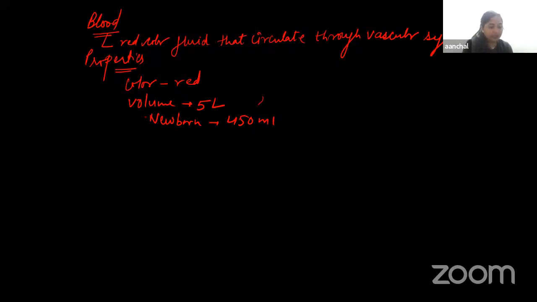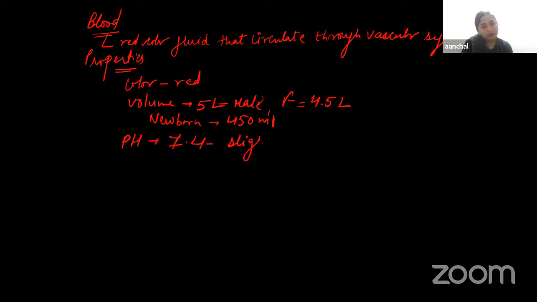And it increases during growth and reaches 5 liter at the time of puberty. Okay, in males it is 5 to 6 liter, and in females it is approximately 4 to 4.5 liter. Now the pH we have 7.4, which is slightly basic, and it should remain as it is.